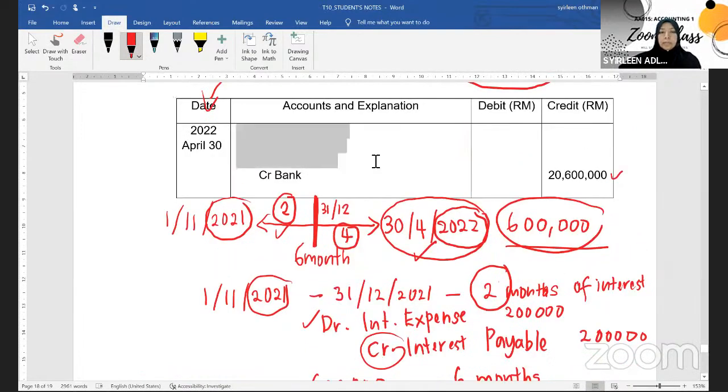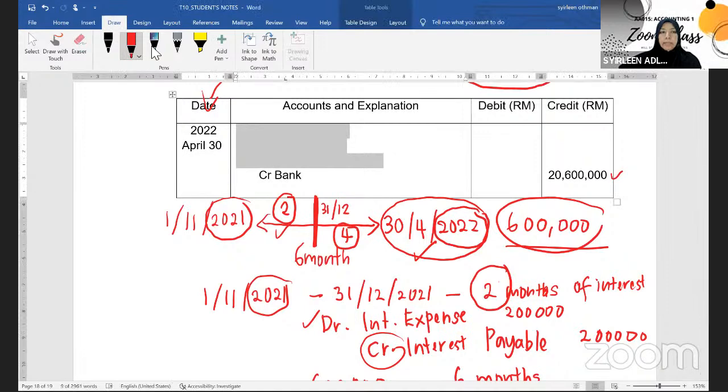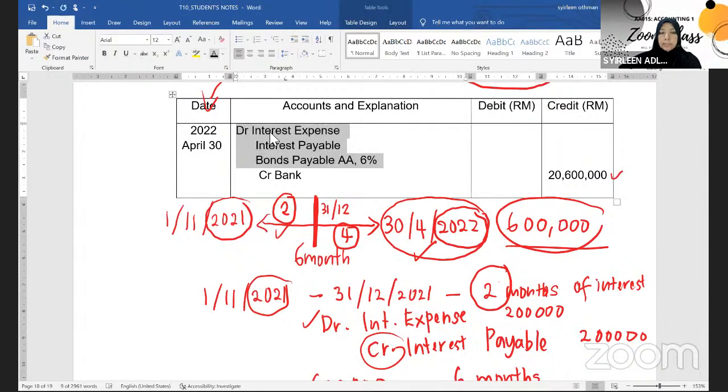So tadi saya dah debit interest expense. Yang ni untuk January sampai April. Right? Okay, interest payable ni datang dari mana?